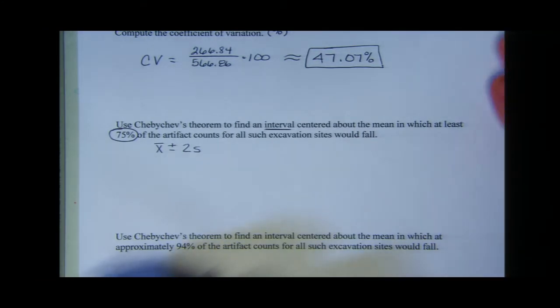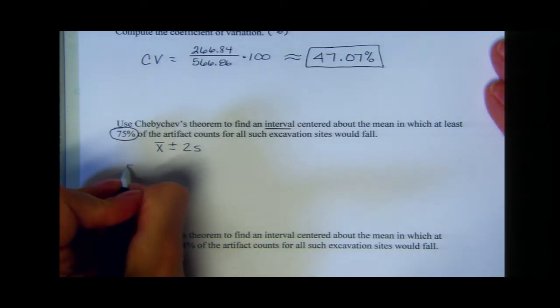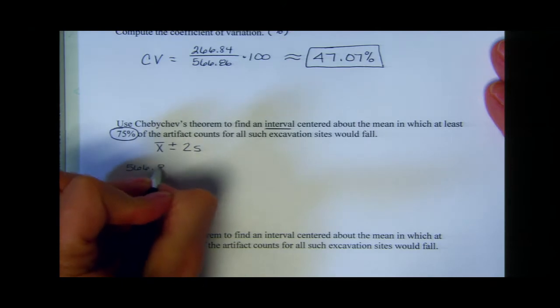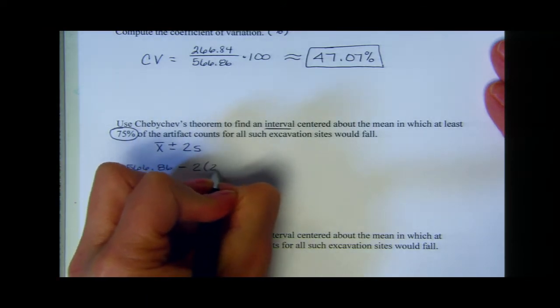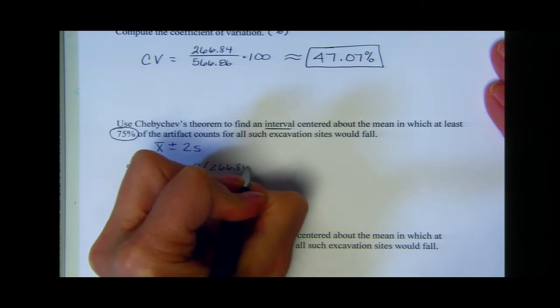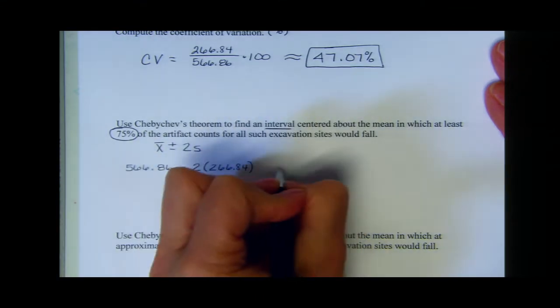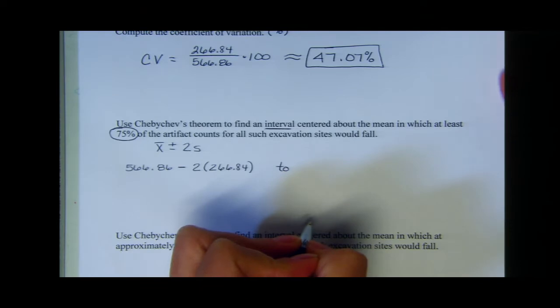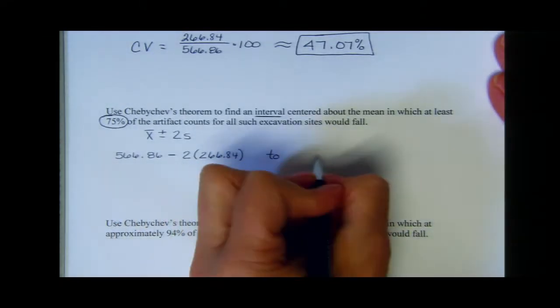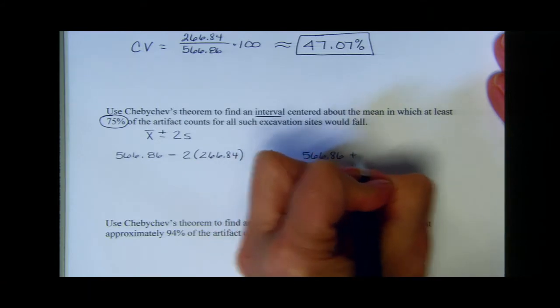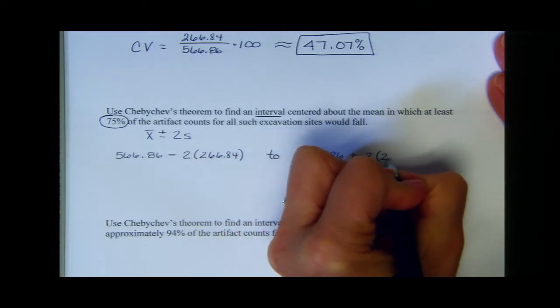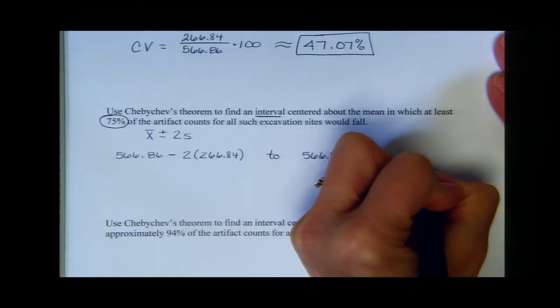So what we're going to calculate is x bar, 566.86, minus 2 times 266.84. So that's going to give me 1 number. And then in the interval, my second number will be 566.86 plus 2 times 266.84.